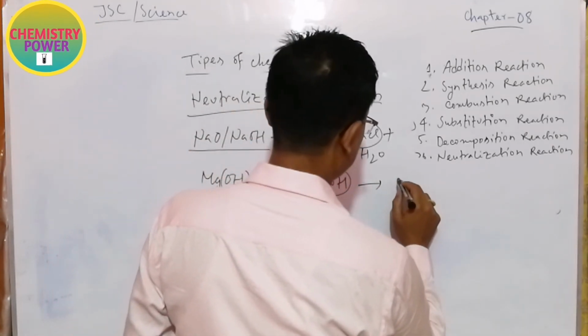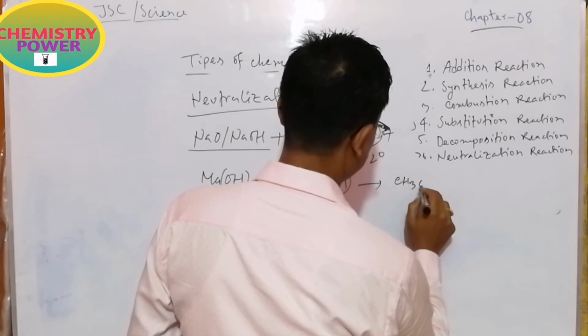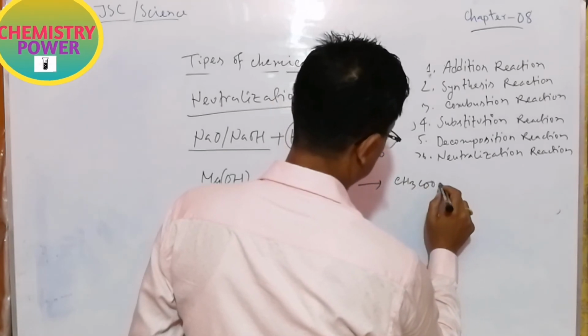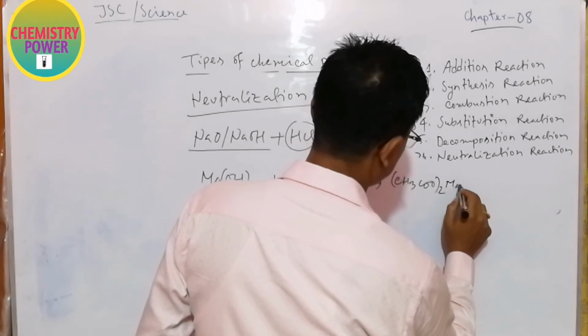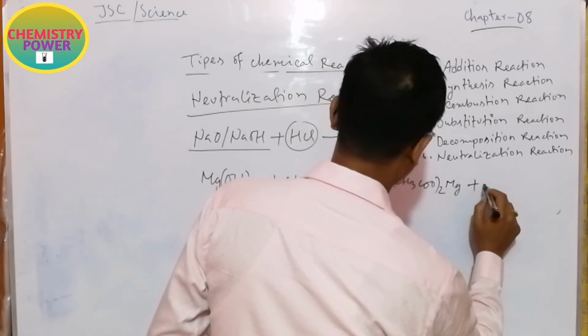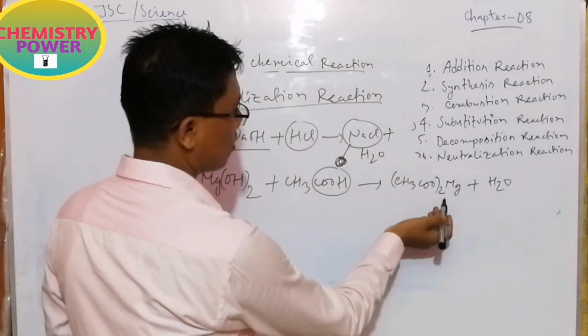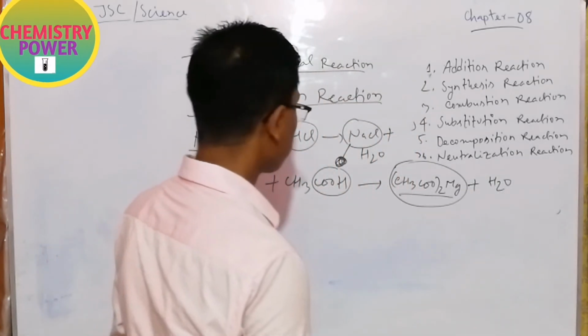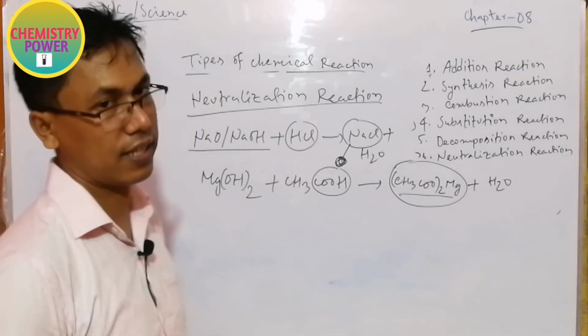Then it produces magnesium ethanoate plus water. That is one kind of salt, and that is why all of these reactions are neutralization reactions.